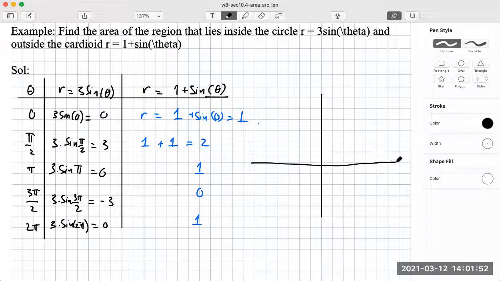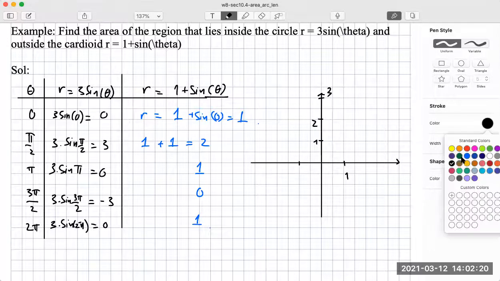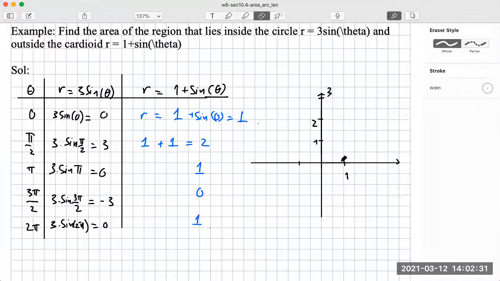So we know that the graph would look like this. So the first one, suppose this is 1, and this is 3. Then at 0, the first curve is at this point. It is 0. It's not a good drawing.